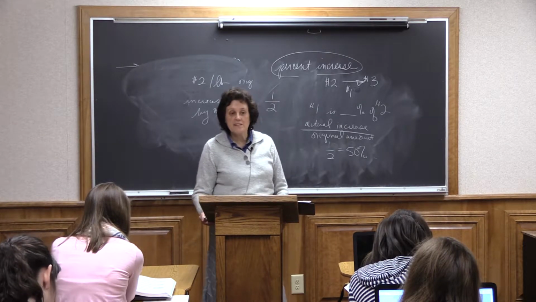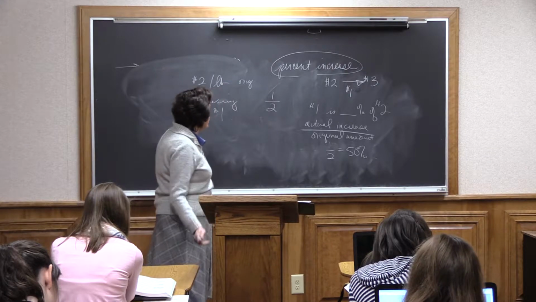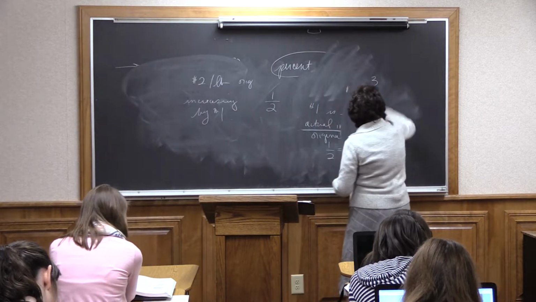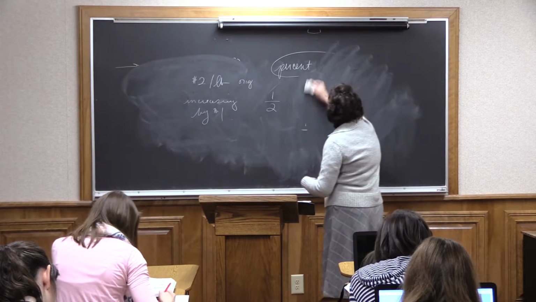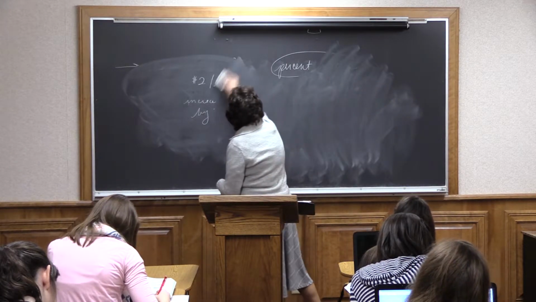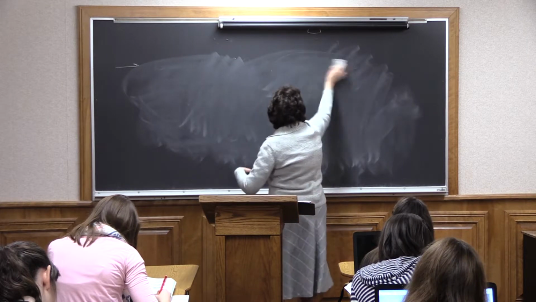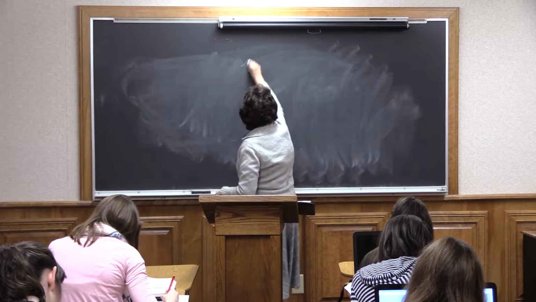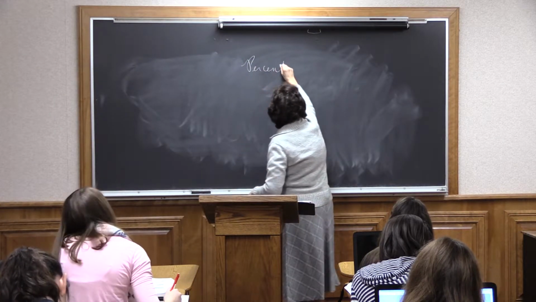Finding percent of decrease is actually the same process. And many textbooks, instead of calling it the percent of increase and the percent of decrease, will simply call it percent change. Because actually, it doesn't matter which way it changed. So can you find percent change?